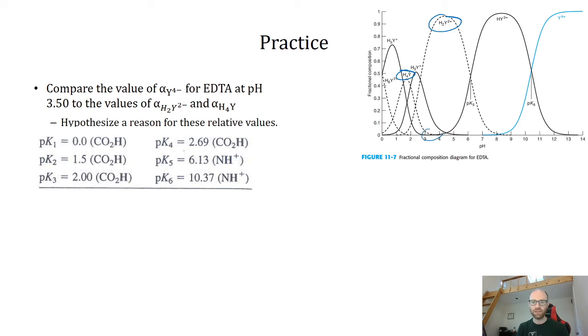And so if we're at a pH of 3.5, well, given that 3.5 is closest to 2.6, I'm going to say that this is largest. And I'm just going to hazard a guess to say that this is smallest because it's the furthest away. No, that's wrong.